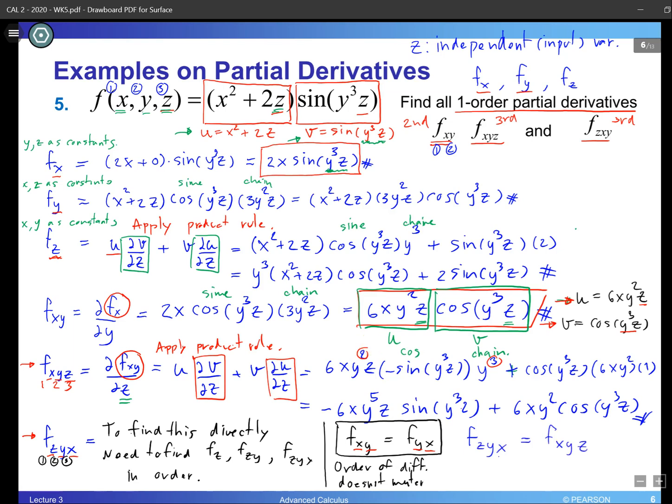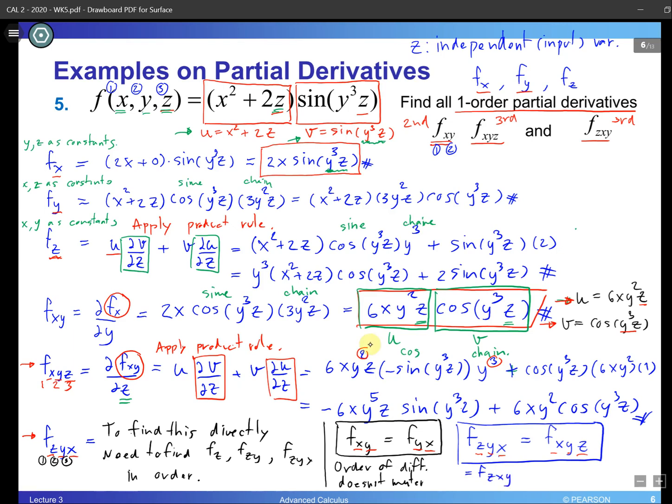As long as the number of differentiations on each variable is the same, which is just 1 in this case, the final values are the same. Let's make a box around here, but keep in mind that this is not the only relation between them.